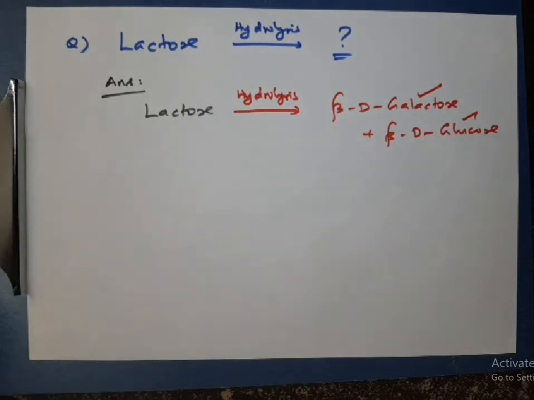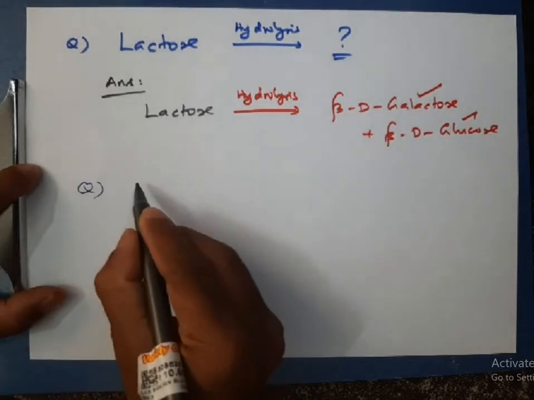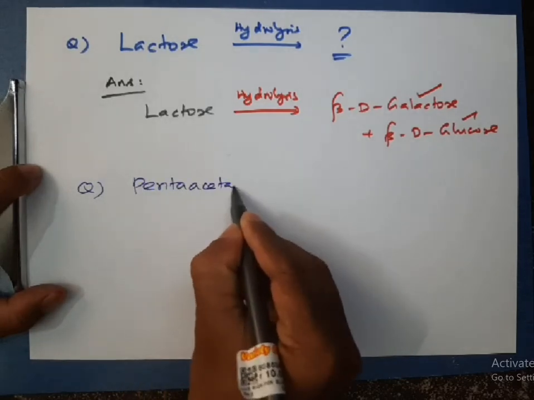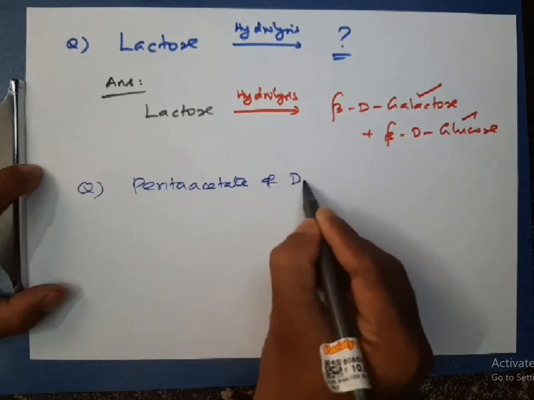Then the next question: how do you explain the absence of aldehyde group in the pentaacetate of D-glucose? See, the question is this. You take the pentaacetate of D-glucose.